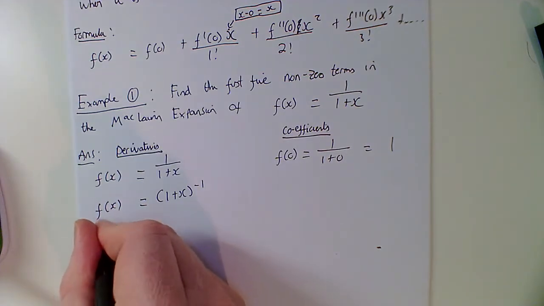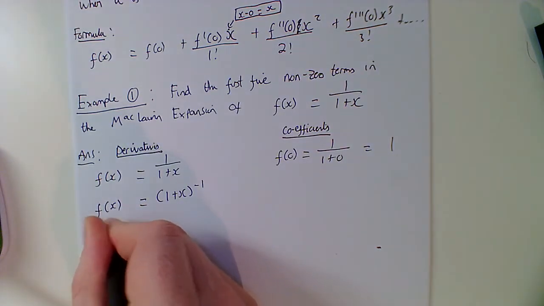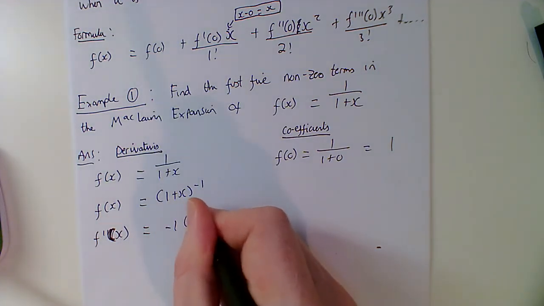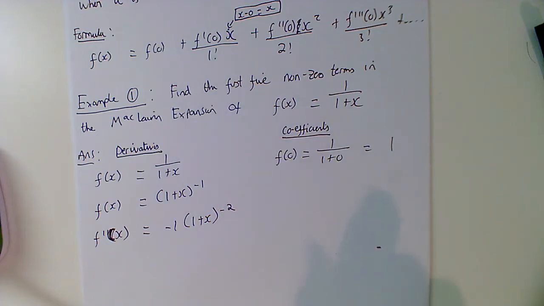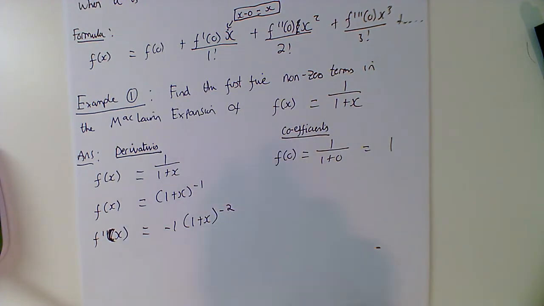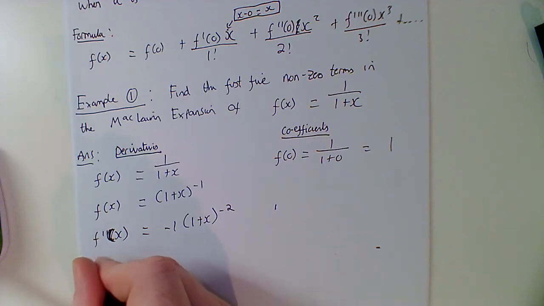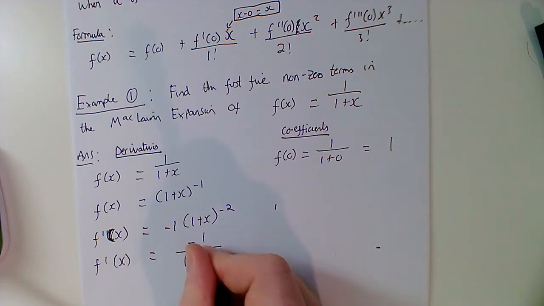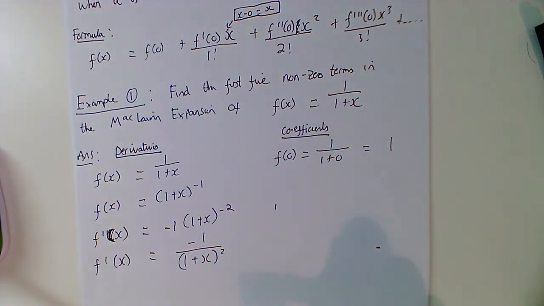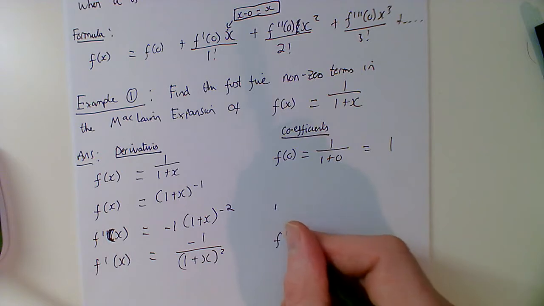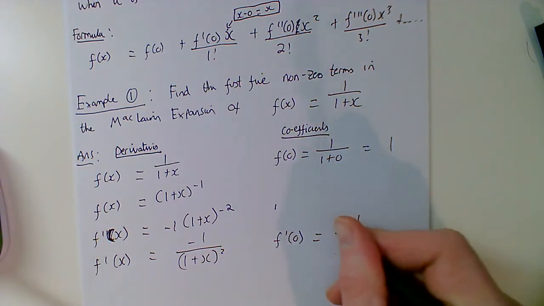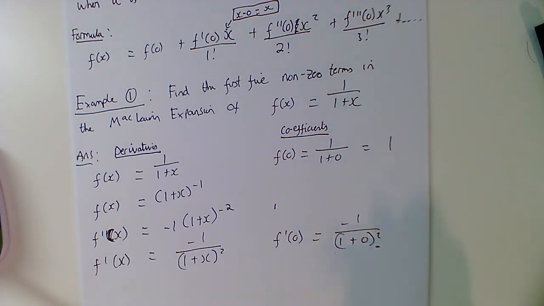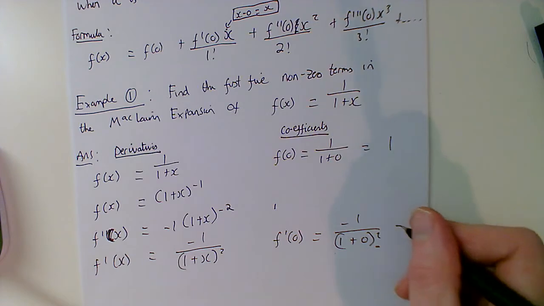Now we can differentiate it using the chain rule. So f dashed of x is negative 1, 1 plus x to the power of negative 2 times 1, which just leaves it the way it is, which is negative 1 over 1 plus x squared. That means that f dashed of 0 is negative 1 over 1 plus 0 squared, which is negative 1.